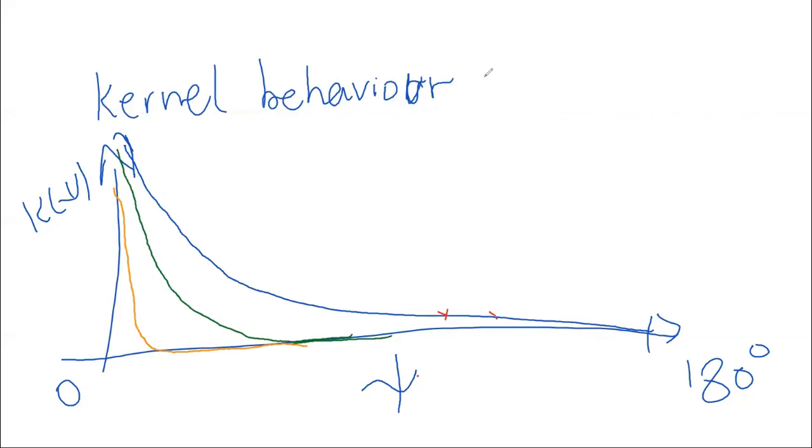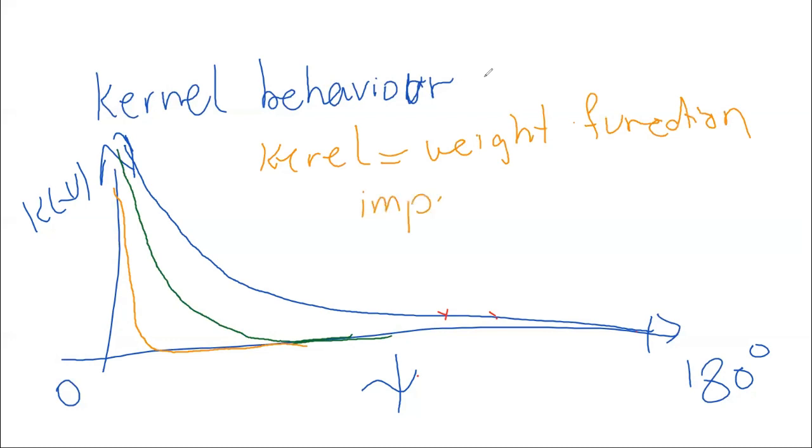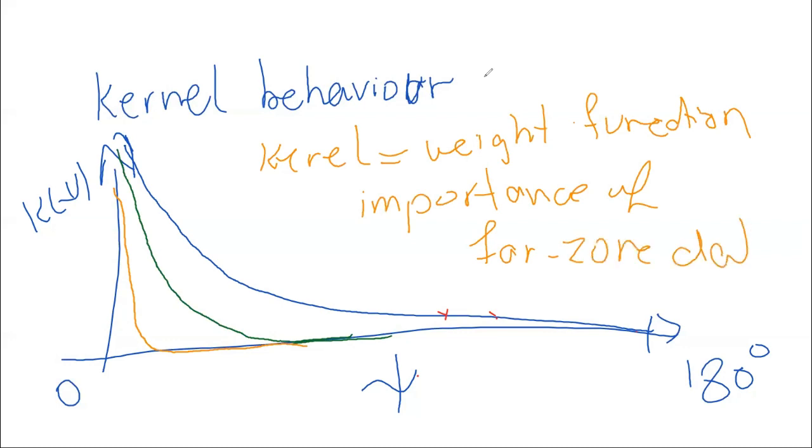What is the role of the kernel? The kernel is a weight function. It shows the importance of far zone data.